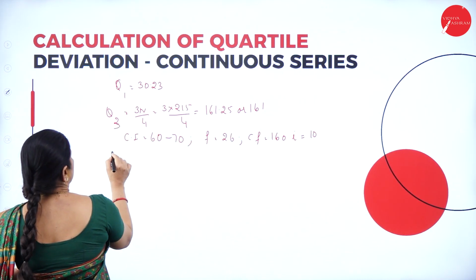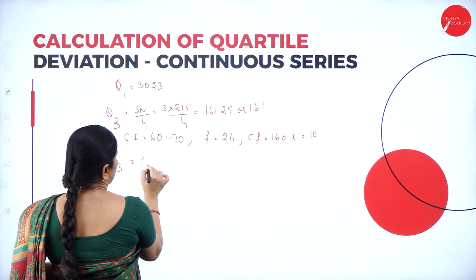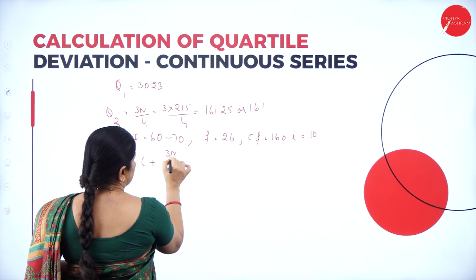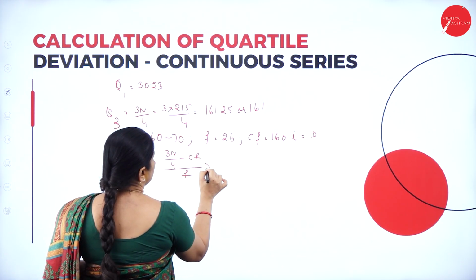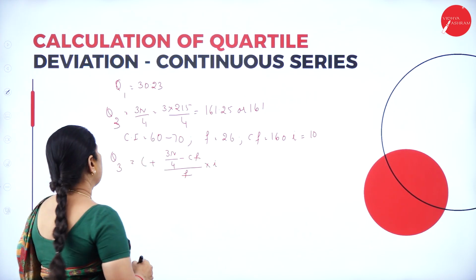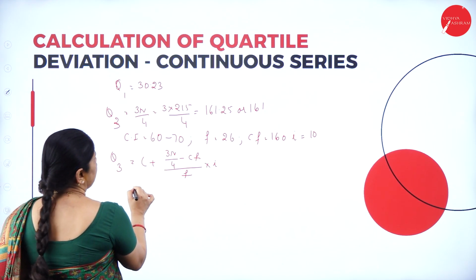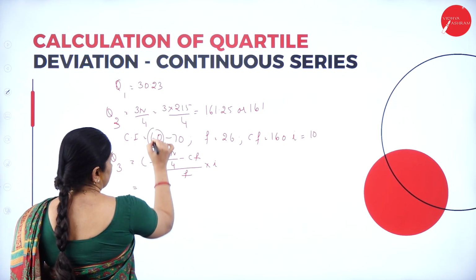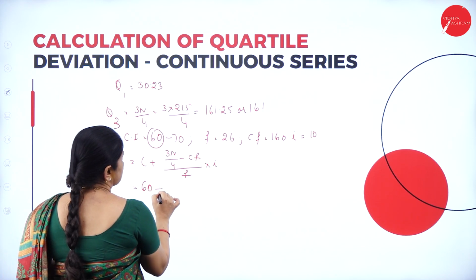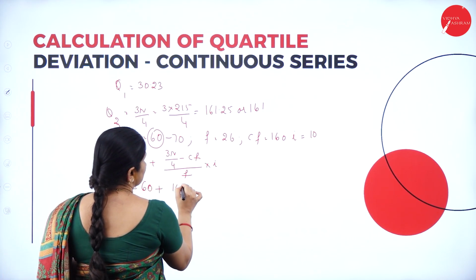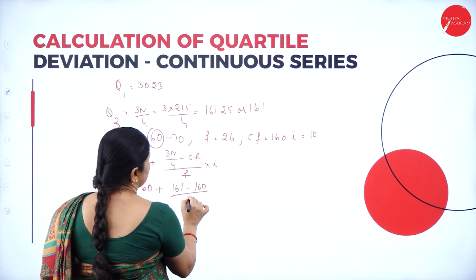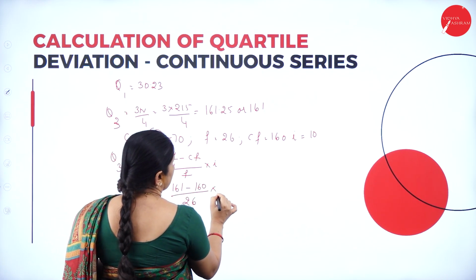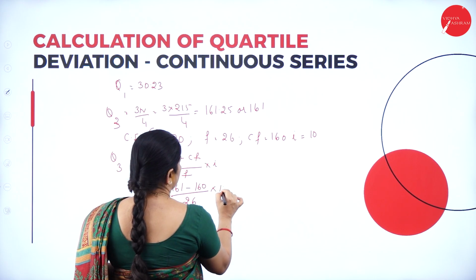So Q3 will be equal to L plus 3n by 4 minus CF divided by F into I. What is the lower limit of the class interval? 60 plus 161 minus 160 divided by 26 into 10.